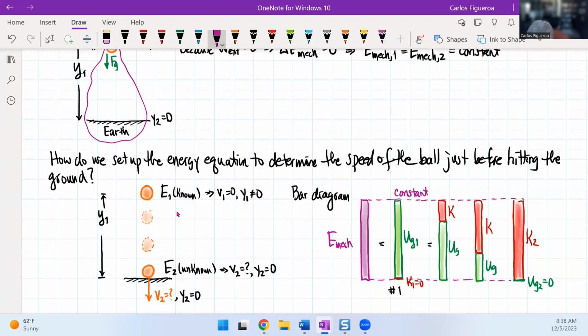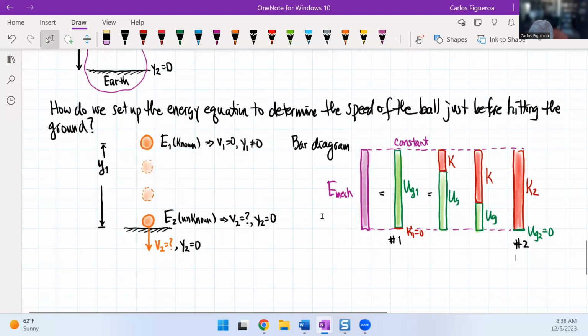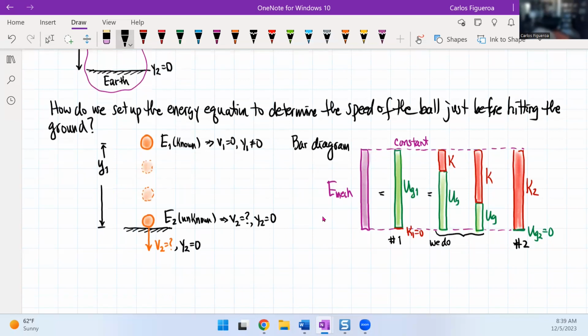But for my problem, we only care about energy 2 and 1. These guys right here, we do not account for and do not care about them, which tells us that we only care about the endpoints.